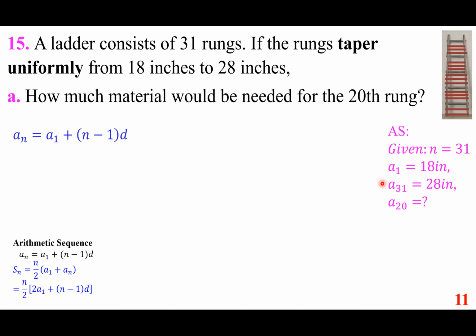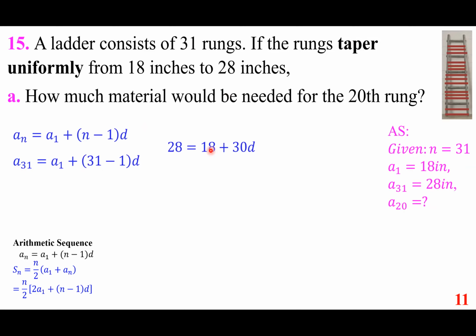We plug in and we find the missing d. Remember, A sub 1 is 18. So let's plug in 28 for A sub 31, and for A sub 1, let's plug in 18 plus 30d, and we don't know what d is.